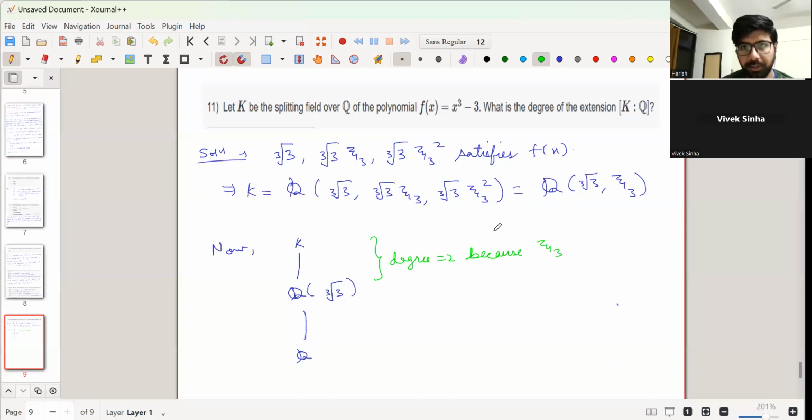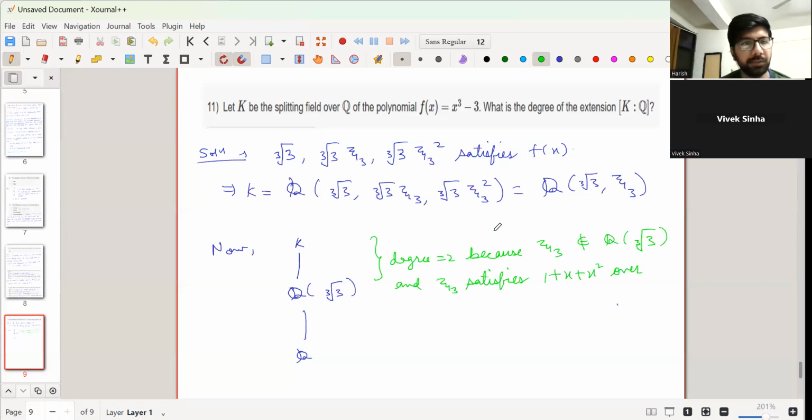zeta 3 is not inside Q(cube root of 3). Zeta 3 satisfies 1 plus x plus so on to x to the p minus 1, because p is prime.